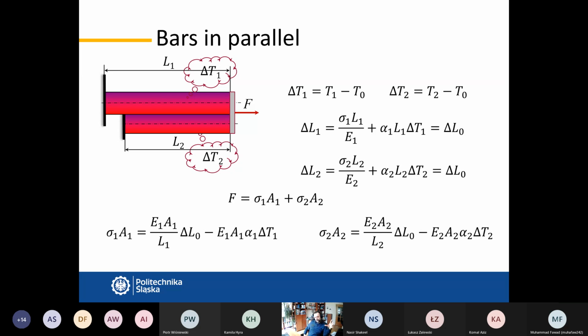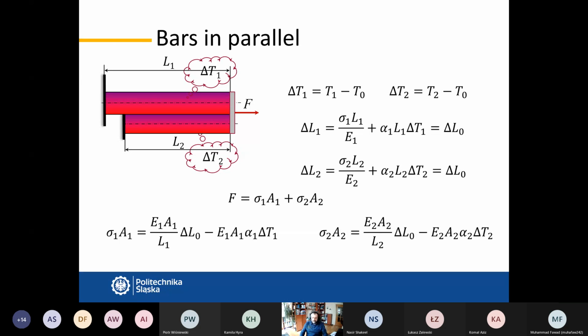So a single bar, which was the basic case that was fixed at both ends, so there was no possibility for any deformation. Let's recall that the increase or decrease in temperature, so changes of temperature, generate the deformations in a body.